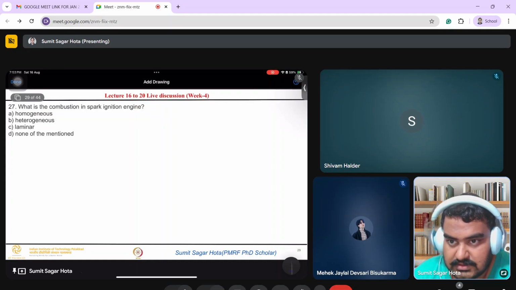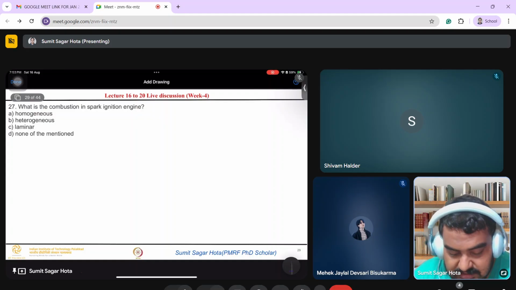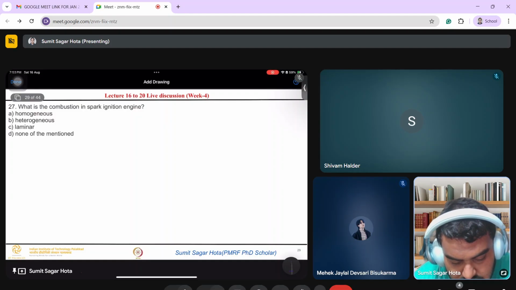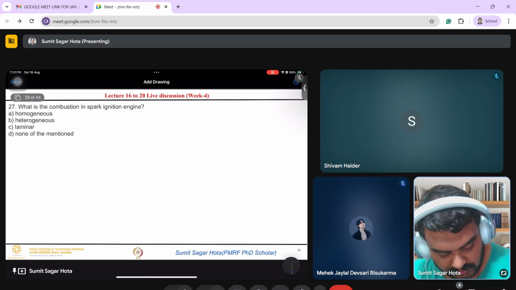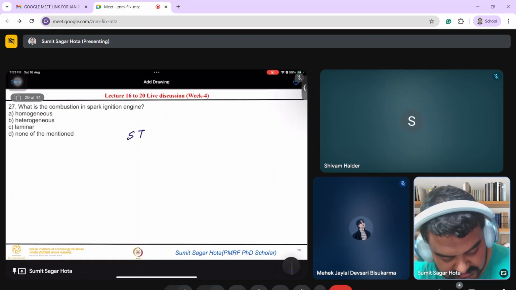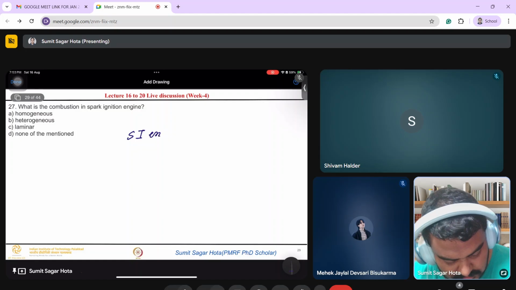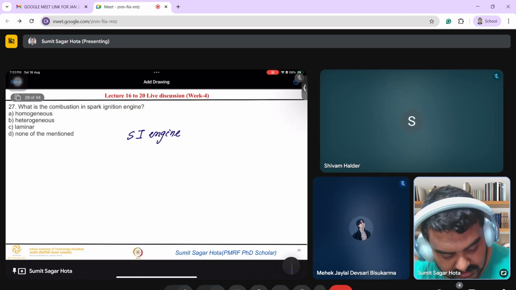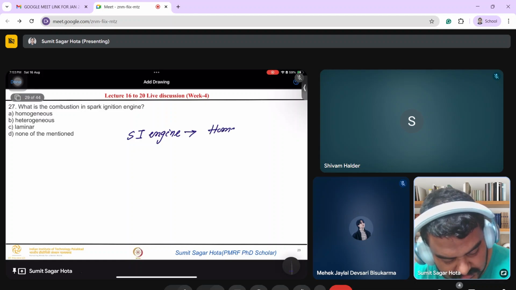So what is the combustion in spark ignition engine? There are two types of engine obviously, one is your SI engine, one is your CI engine. Always remember, in any kind of SI engine there will always be a homogeneous combustion.